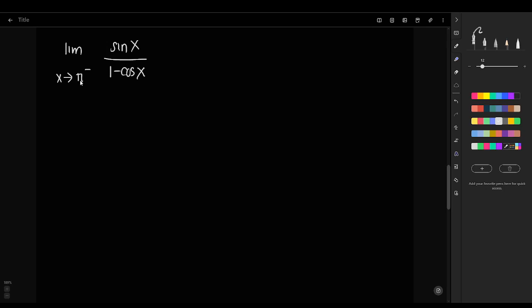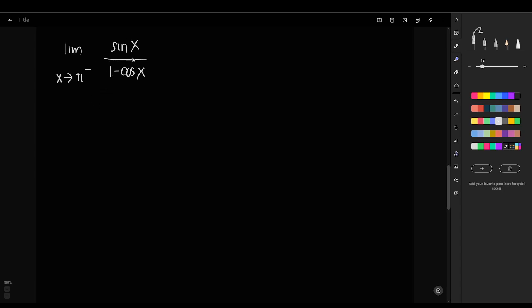Sine of pi, I think that is 0, right? Am I correct? Sine of pi is 0, and cosine of pi from the negative side is -1.